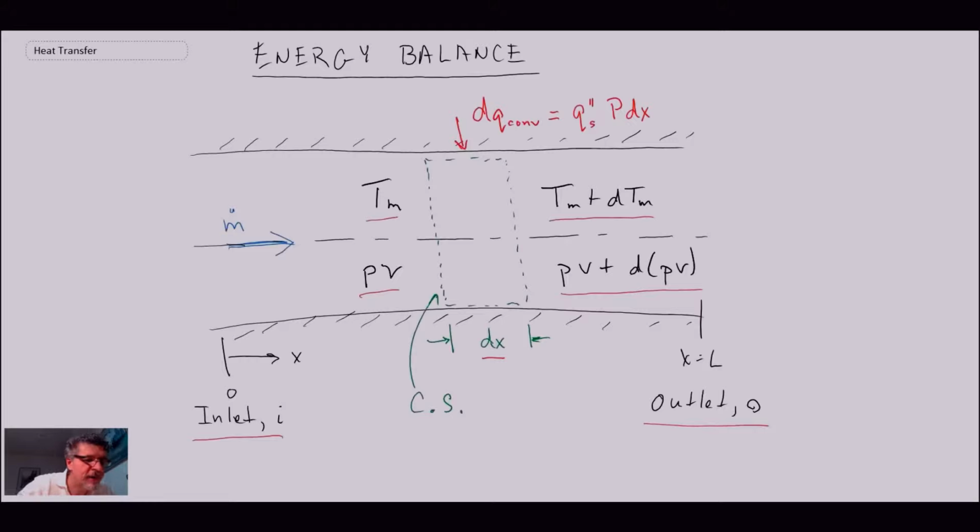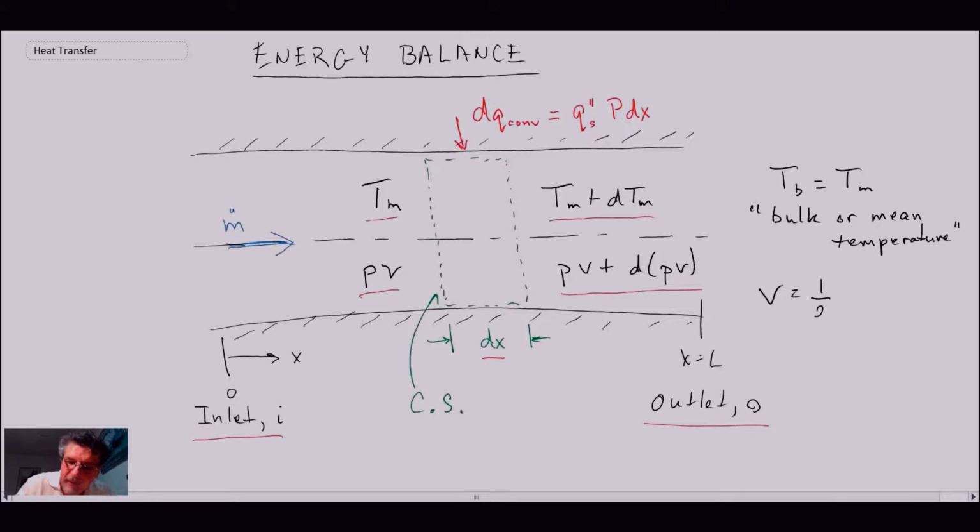To express that, we have TB, that's the bulk temperature, mixing cup temperature. It is also equal to Tm. And so that is the bulk or mean temperature. And the other thing that we have is nu, and if you remember from thermodynamics, that's where we use specific volume quite often.